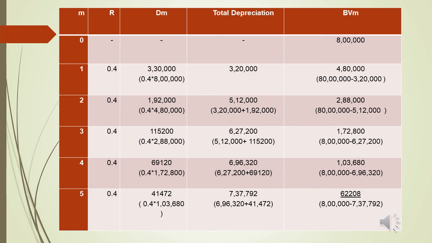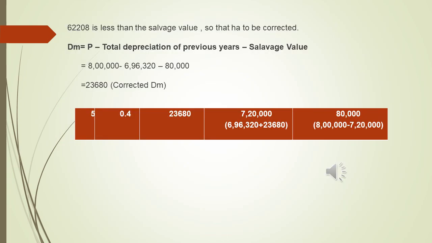So we have to rewrite row 5 again, because this answer is incorrect. How we will rewrite that row, let's see in the further slide. Since we know that 62,208 is less than the salvage value, we have to correct that.